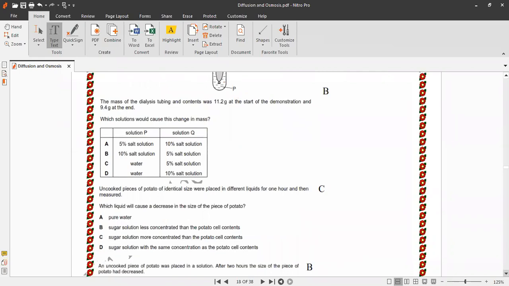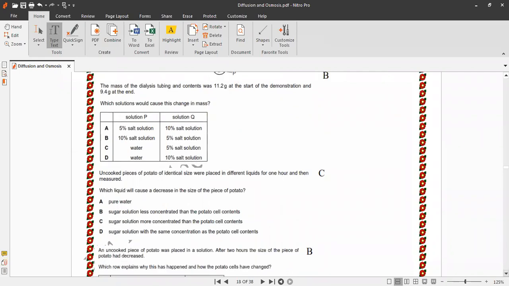Uncooked pieces of potato of identical size were placed in different liquids for 1 hour and then measured. Which liquid will cause a decrease in size? Decrease in size, so the water moves out.